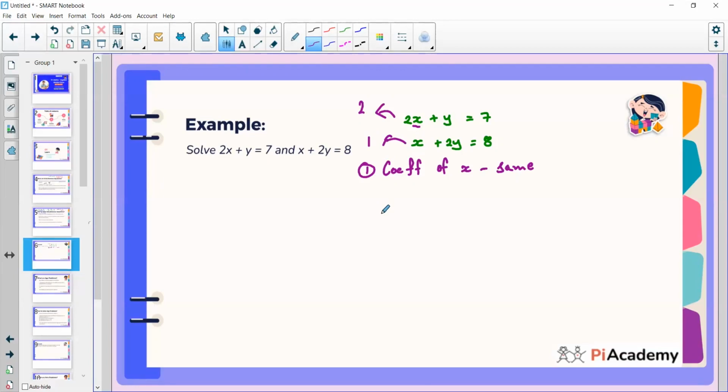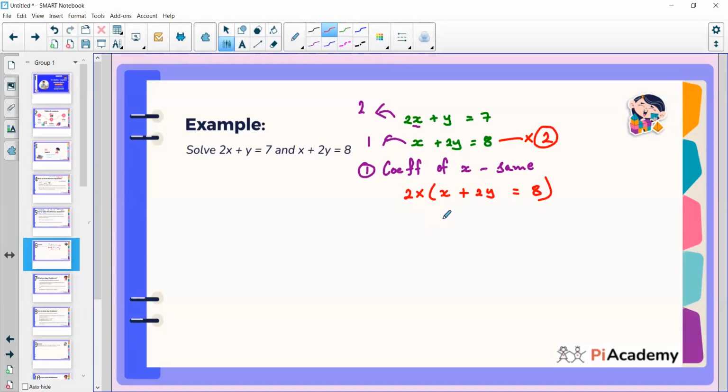Now, any idea how can I make the coefficient the same? I have 1, I have 2. So what if I multiply this equation by 2? What if I multiply this entire equation by 2? What would happen? See, 2 times x plus 2y equals 8. So I need to multiply 2 inside each term of this equation.